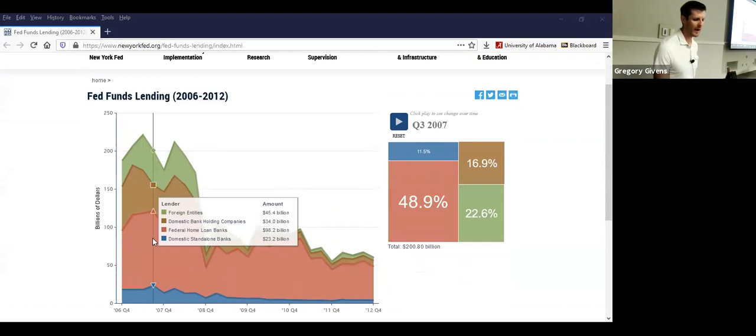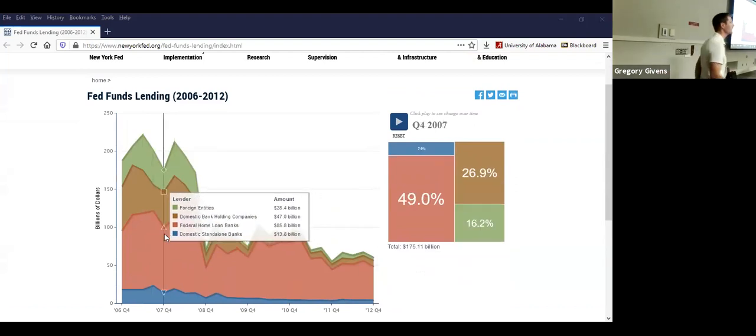But for each one, it actually shows the breakdown of who's doing that lending. So the blue shaded area are domestic standalone banks. This red area are the federal home loan banks. We'll talk about what those guys are next week. They play a big role in how monetary policy is implemented today.